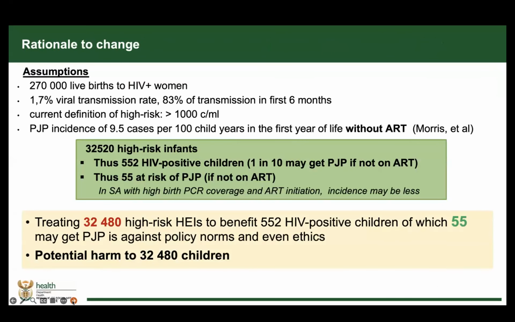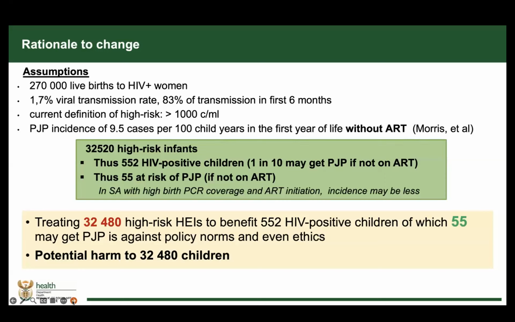And again, just to reiterate, if you look at the back-of-the-envelope numbers and reflect on the decrease in the number of children infected, we've gone down to around 1.7% vertical HIV transmission rates, with a PJP incidence of 9.5 cases per 100 child years.